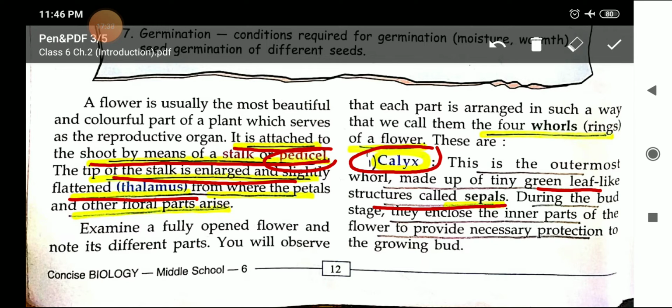And the swollen tip of the pedicel is known as thalamus. So the stalk of the flower is pedicel and the swollen tip of the pedicel is thalamus. Then we discussed about the four main whorls, that is calyx, corolla, androecium and gynoecium. Let us recap one by one.